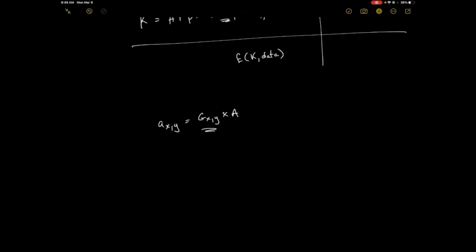Because the generator is public, we're searching for this secret value A. And so A should be equal to AXY divided by GXY.